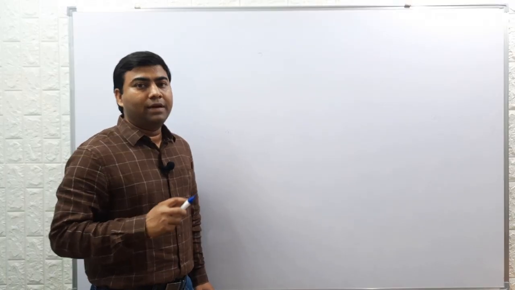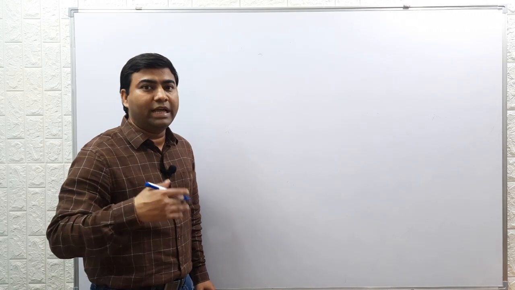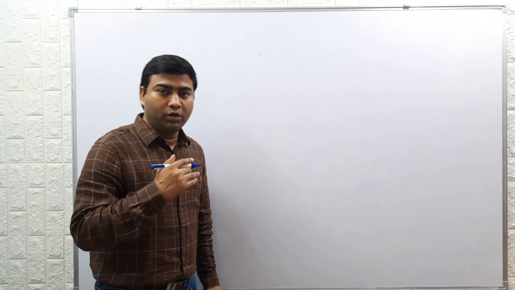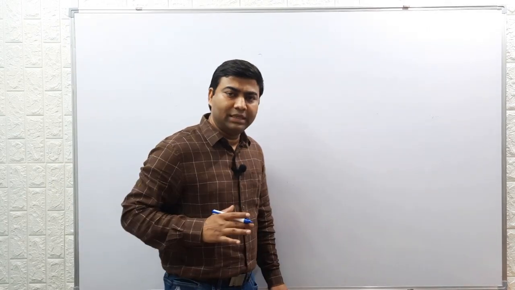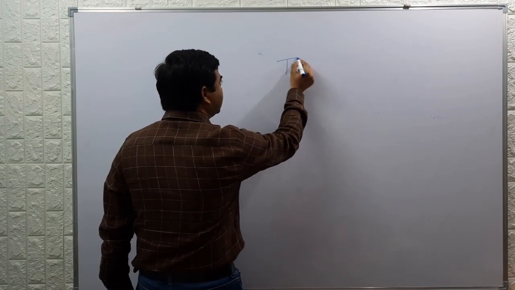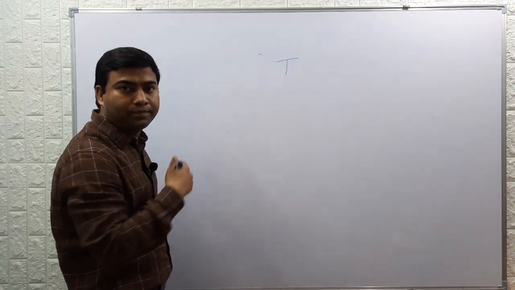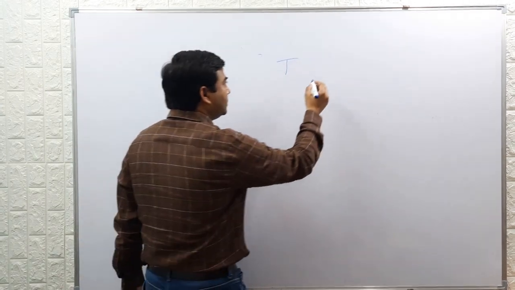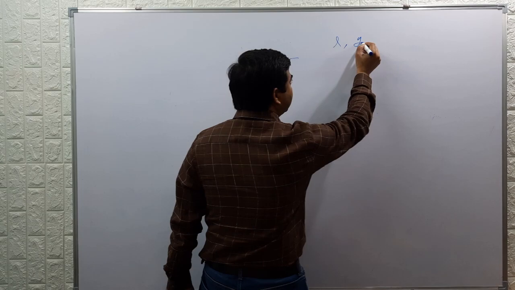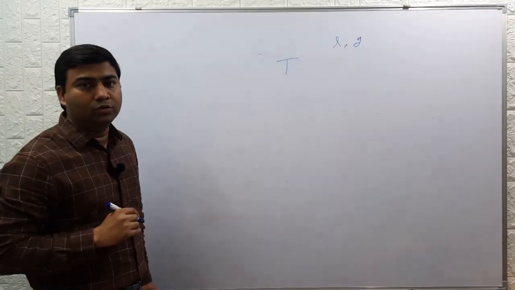And the last application of dimensional analysis is to derive the formula. It can also be used to derive the formula. So we will discuss a very simple example here. For example, the time period of a simple pendulum depends on the length of the pendulum and acceleration due to gravity. We know this.